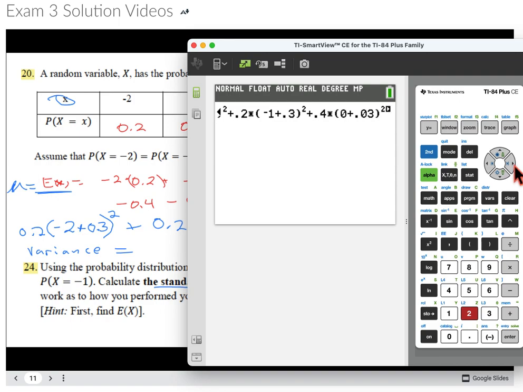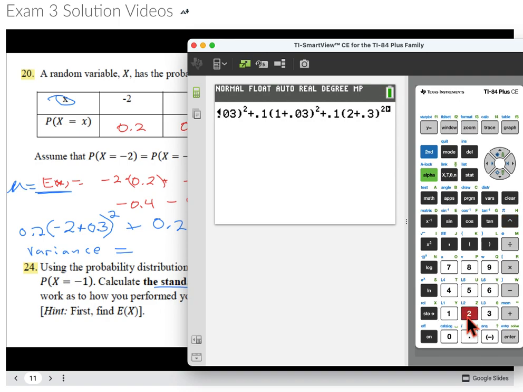Plus, not 0, 1, 0.1 times positive 1 plus 0.03, squared, and then plus 0.1 times 2 plus 0.3, squared.